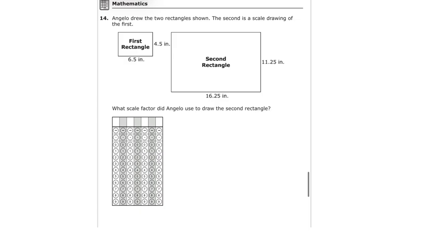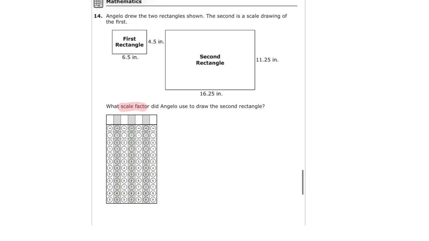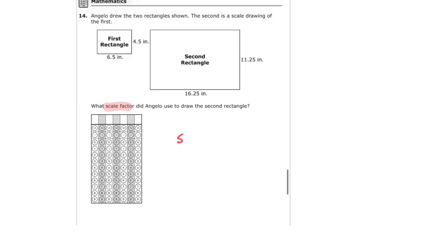Scale factor is kind of an interesting concept. Let's remind ourselves that the scale factor will always be the new measure all over the old measure.